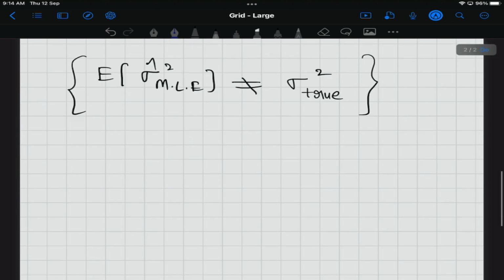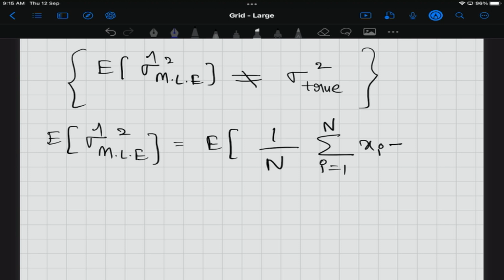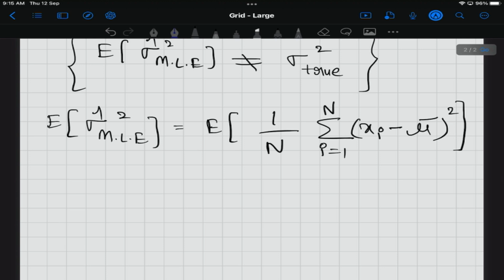Okay. So suppose you have your expectation. So what is this MLE estimate? It is 1 by n, summation i equals 1 to n, xi minus mu MLE. So instead of keeping MLE, I'll just keep it as mu hat, because the one I'm estimating, I'll just use the notation mu hat. So this is the expression.